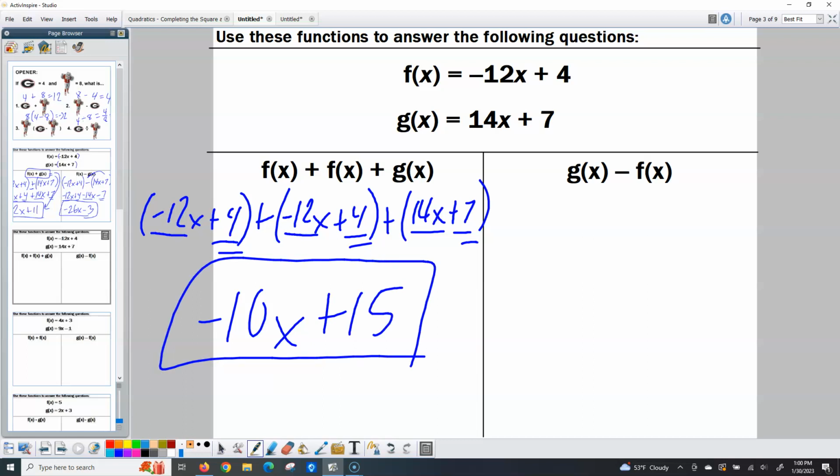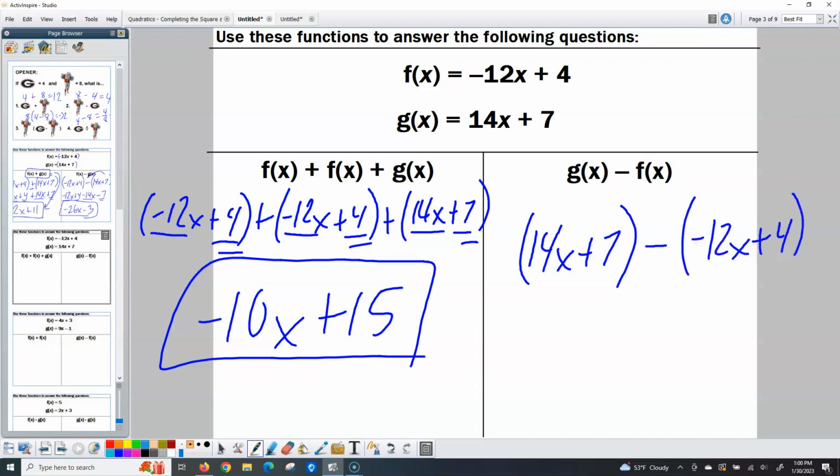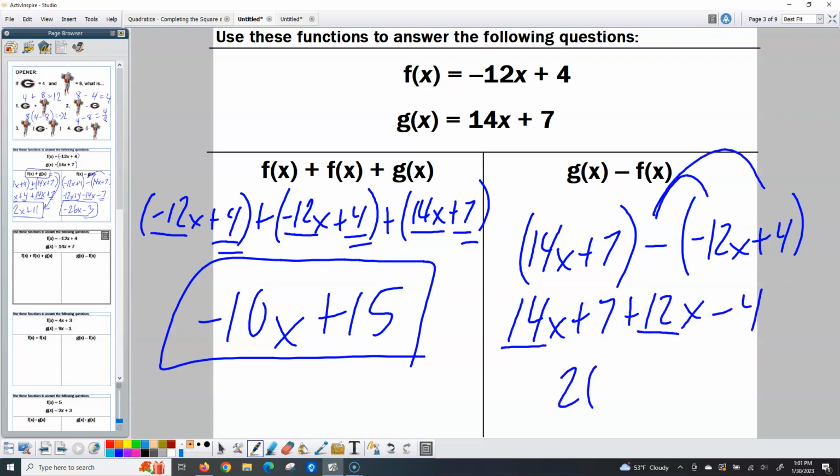G of x minus f of x, that would be 14x plus 7 minus f of x is negative 12x plus 4. And when I got that minus sign, I have to distribute it. Plus 12x minus 4. Now combine like terms. That's 26x plus 3, I think.